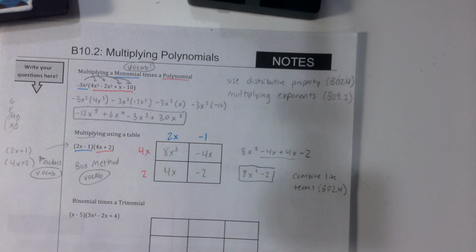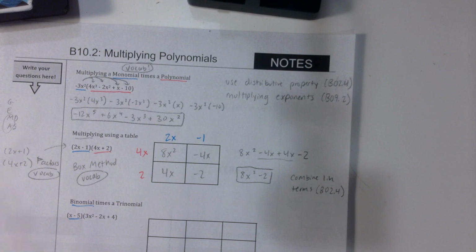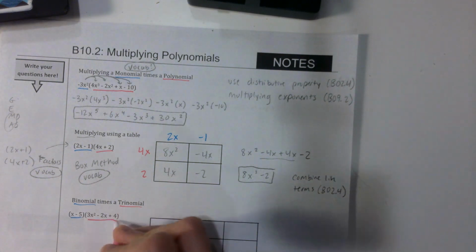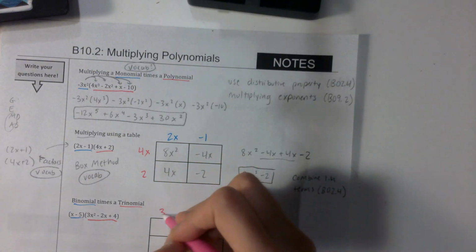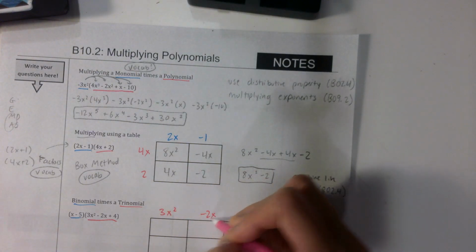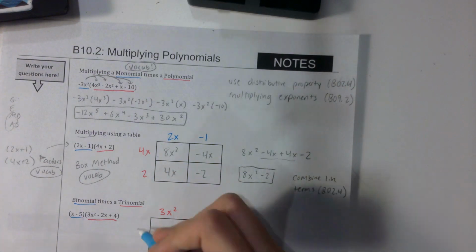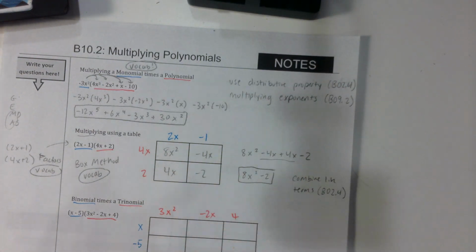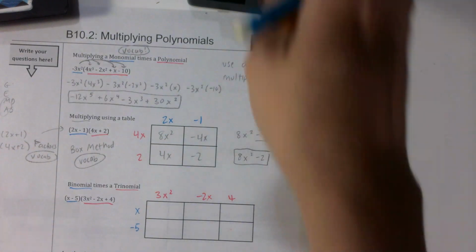Alright, now we're going to get a little harder. We're going to do a binomial times a trinomial. Remember, this is some vocab. Tri means 3 terms, bi means 2 terms. So we have 3x squared minus 2x plus 4 times x minus 5. It doesn't matter which side you put it on, you just have to make sure there's enough x's.